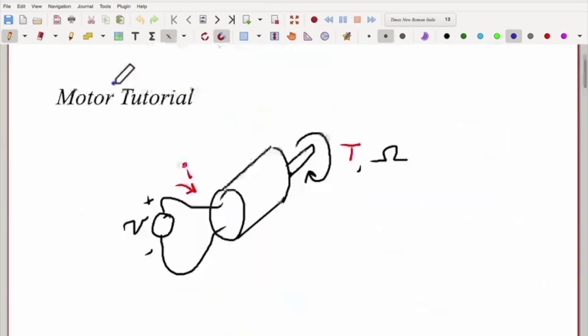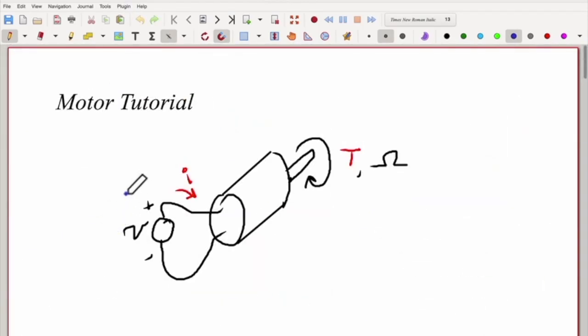In the previous video, we considered the dynamics of this motor system under the situation in which it was under current control, which is to say this current going in here was modeled as an ideal source.